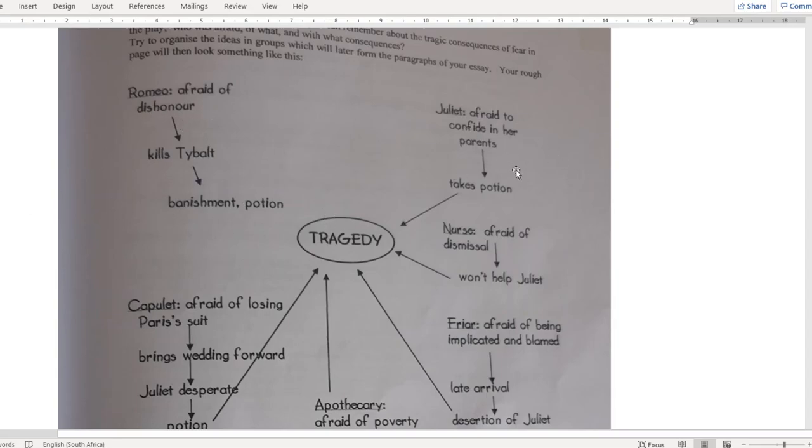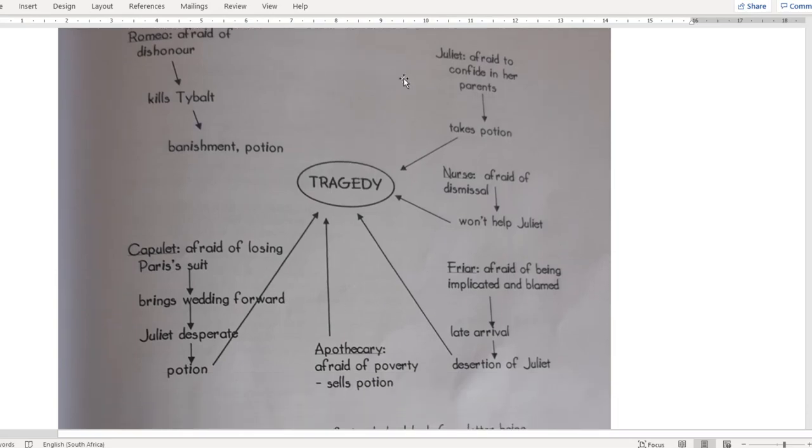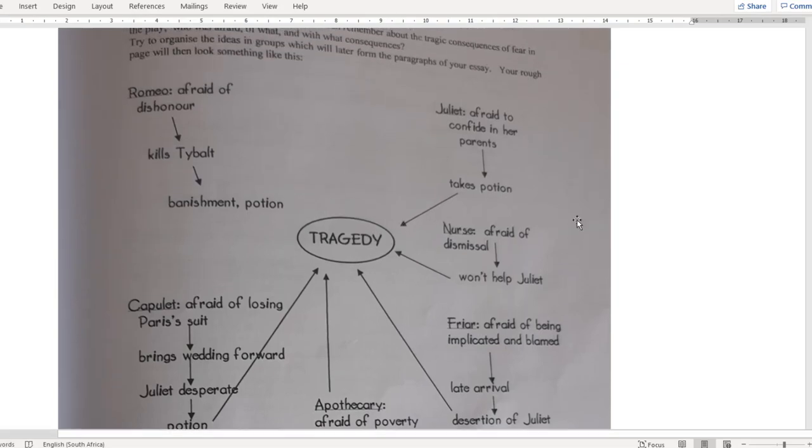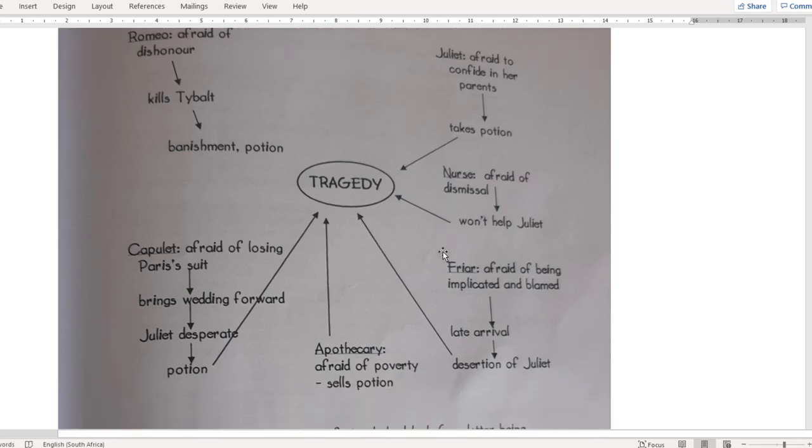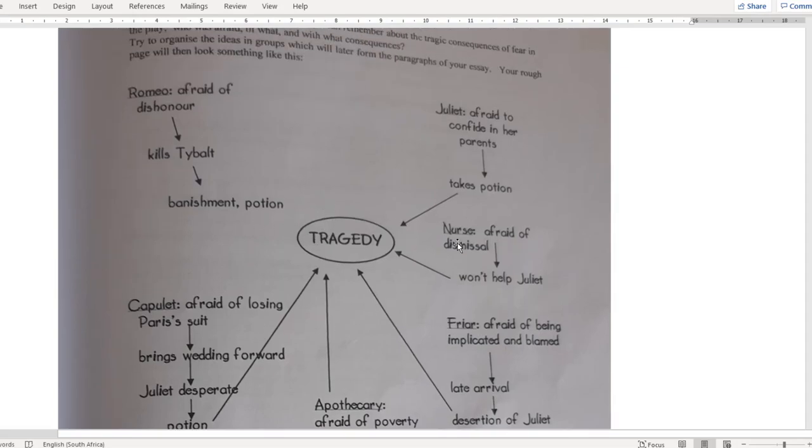Juliet is afraid to confide in her parents, takes potion, and the nurse is afraid of dismissal. So these are ways in which they show how fear runs the lives of these lovers. I am going to take it from a different perspective, however, in my analysis of how fate is to blame and not fear.